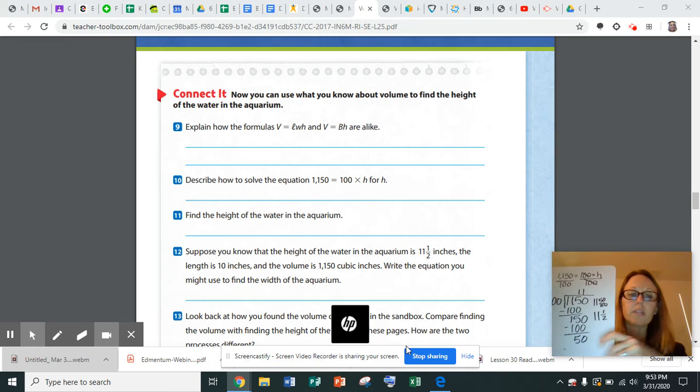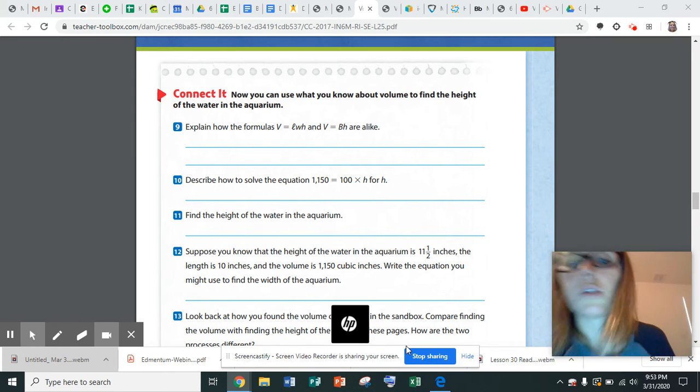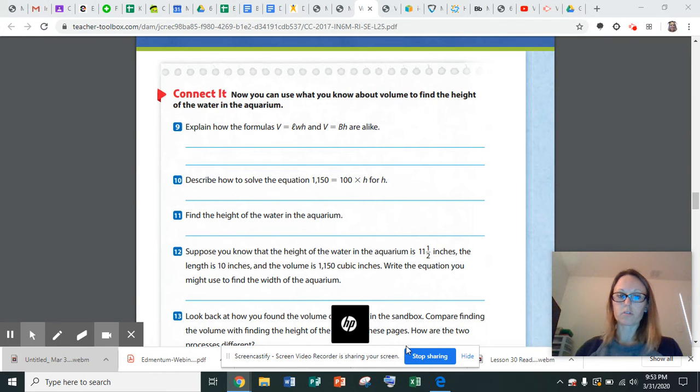Then number 12 says, suppose you know that the height of the water in the aquarium is 11 and 1/2 inches. The length is 10 inches, and the volume is 1,150 cubic inches. Write the equation you might use to find the width of the aquarium. So again, you know the volume is 1,150.